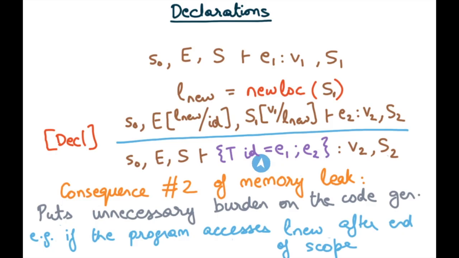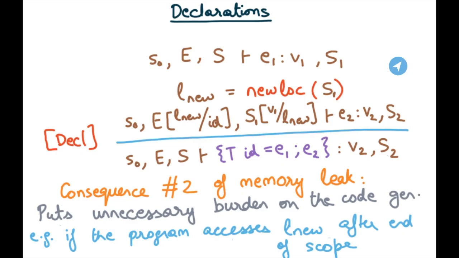But if the code generator does that, that would not satisfy the rule, because the rule expects that the location L new and its value is preserved, and the code generator is now burdened with having to preserve this L new location either on the stack or on the heap. Now it depends on the code generator what it wants to do, but it puts unnecessary burden on the code generator, which also has efficiency considerations.